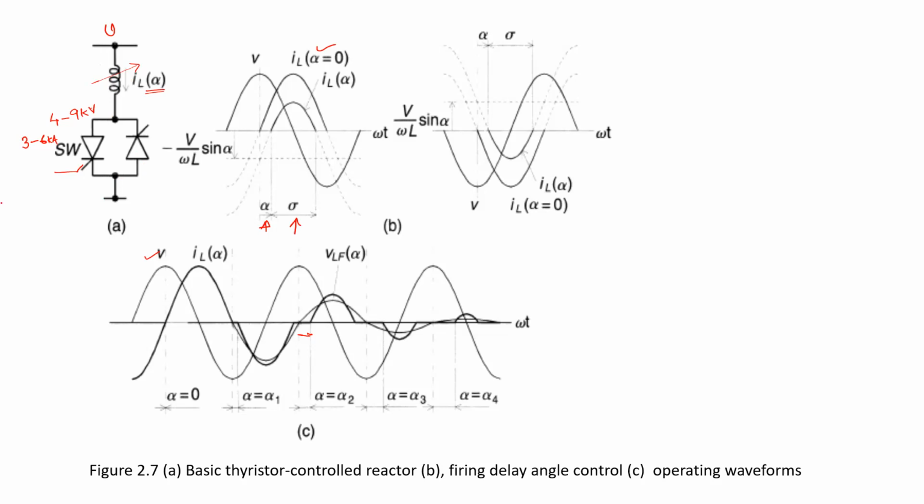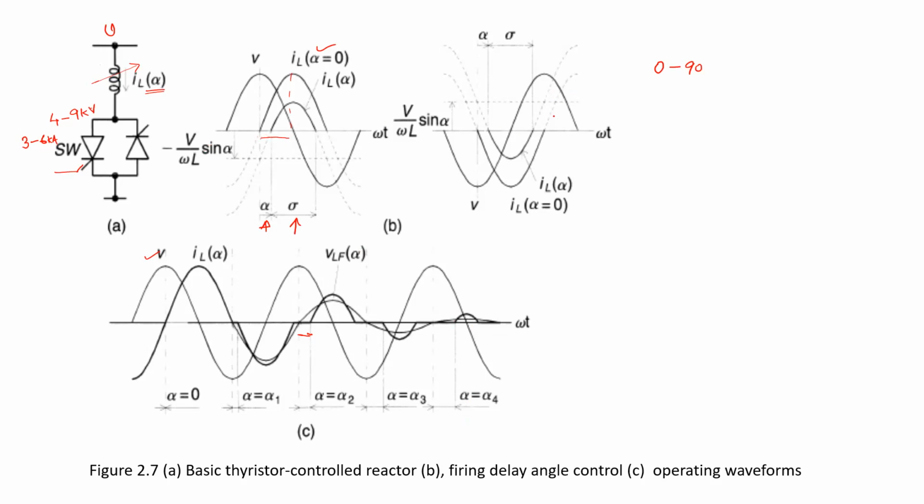Now see here, this is a very important point. The range of the thyristor firing angle is from 0 to 90 degrees, from here up to this one. So we can vary the angle.